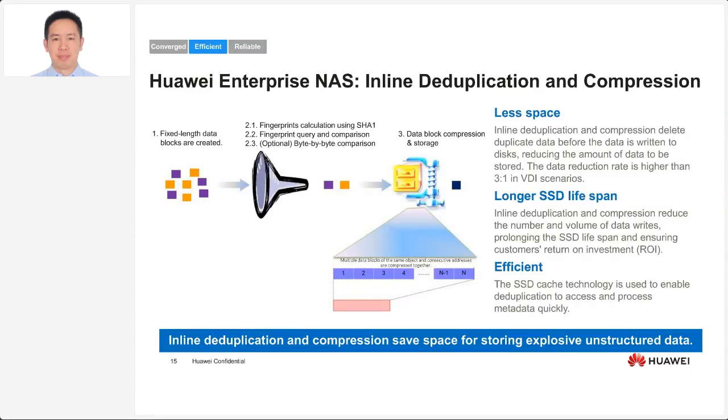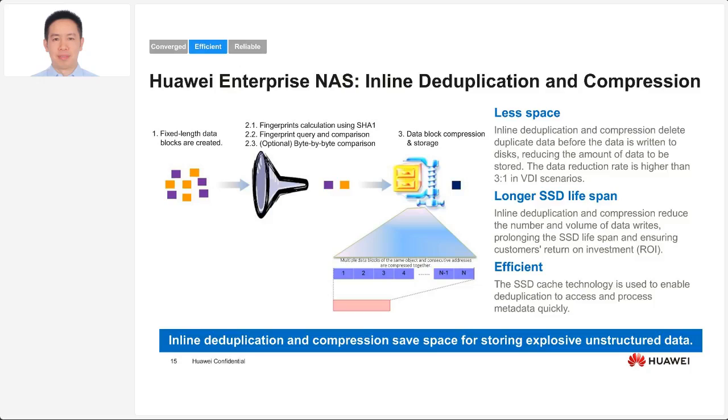And as we mentioned, with inline deduplication and compression there will be less space used. A large SSD cache with high efficiency is used to enable deduplication to access and process metadata quickly. This gives you an overview, from the variable-length data block creation to the fingerprint calculation using SHA-1, the fingerprint query, and the compression into the data block compression storage.